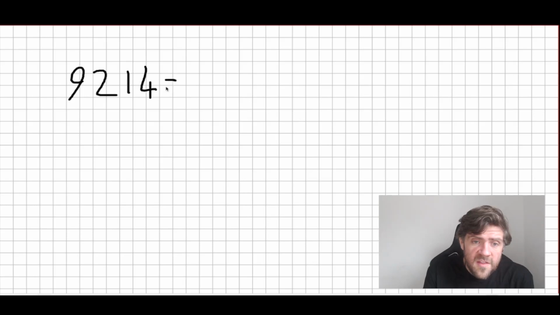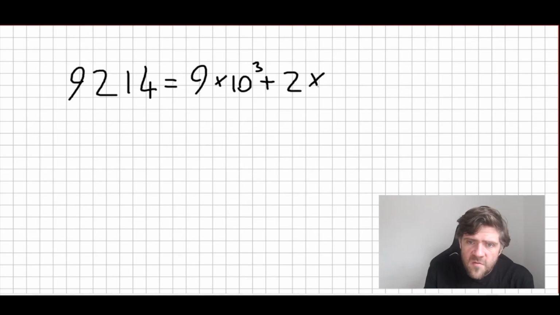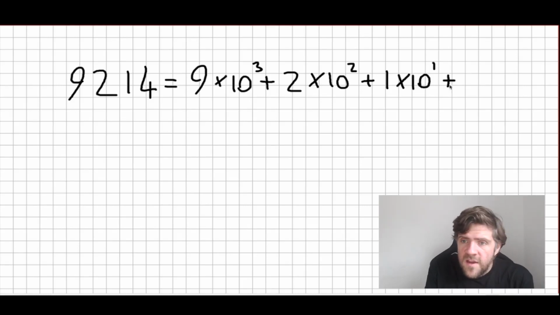When we write down a number like 9,214, we're writing this as 9 thousands, which are 10 to the 3s, and 2 hundreds, which are 10 to the 2s, and 1 ten, which is 10 to the 1, and then 4 ones, which are 10 to the 0.